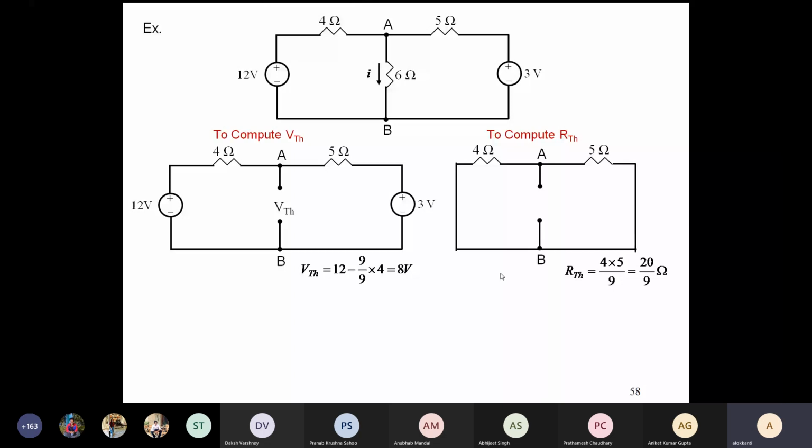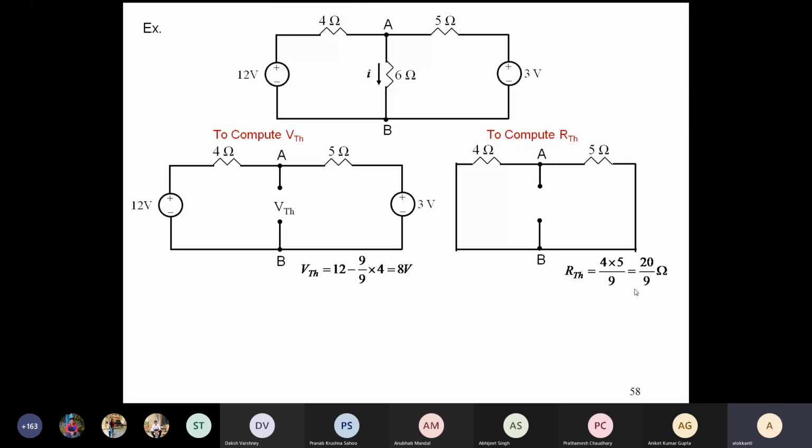Then we find out across those two terminals what the VTH and RTH are. So RTH across these two is the parallel equivalent of 4 and 5, which is 20 by 9.